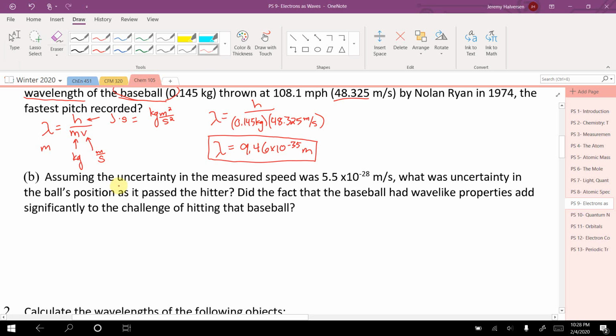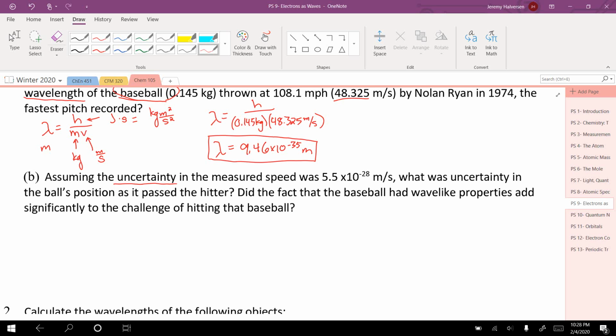All right, so this question is asking about uncertainty. Uncertainty matters because of the wave-like behavior of things. We don't really ever know exactly where they are, because if I asked you where is a wave in the ocean, there's not really a location for it, right?